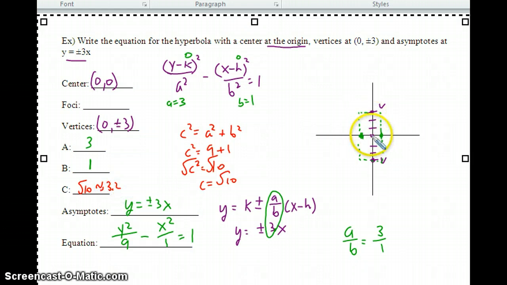So to plot those, I would go up 3.2, that would be a focus point. I would go down 3.2, so right around there would be my other focus point. So in terms of a coordinate point, I went up the square root of 10, so it would be 0, comma, square root of 10.